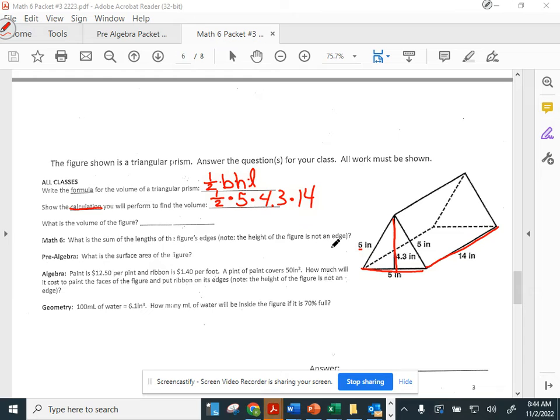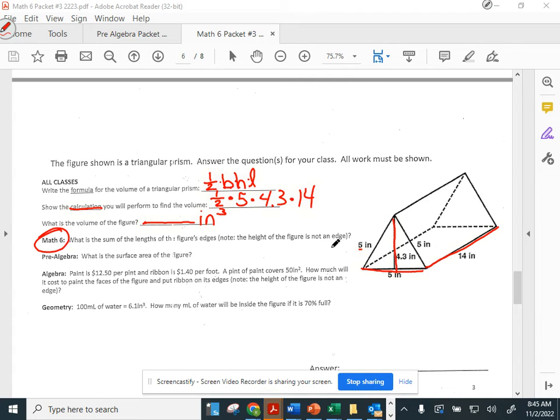So multiply 1/2, which is 0.5, times 5, times 4.3, times 14, and that answer you are going to put right here. That is the volume. You have to actually multiply it out, multiply by 1/2 or divide by 2, it's the same thing. And because we multiplied 3 measurements together, our answer will be inches cubed.